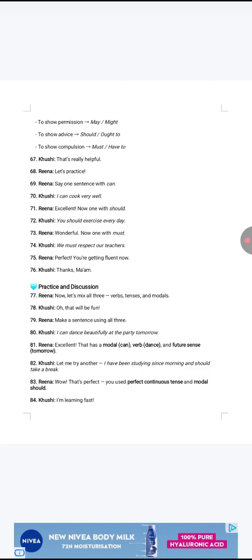That has a modal, can. Okay. And in this sentence, dance is a verb. And tomorrow tells about the future sense, like this activity will happen tomorrow.